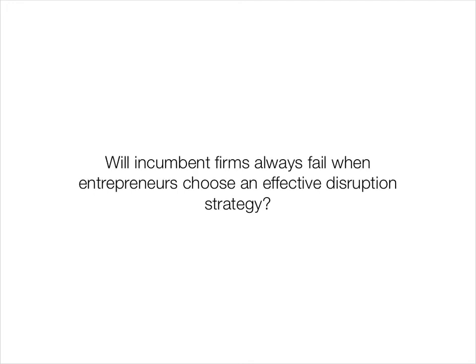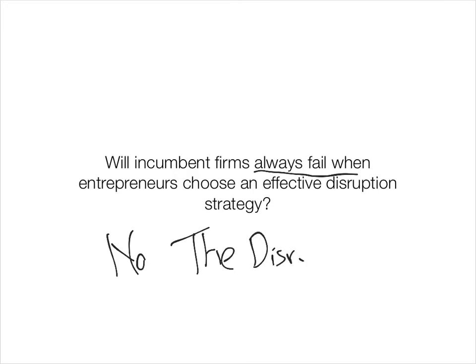Will incumbent firms always fail when entrepreneurs choose an effective disruption strategy? No, they will not. This is the message of my book, The Disruption Dilemma. But basically, incumbent firms have strategies to react.